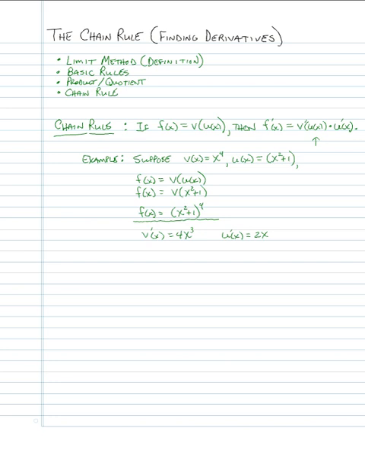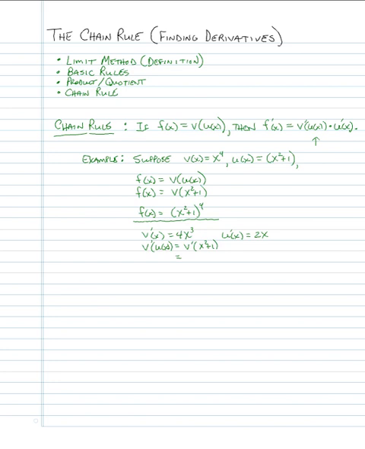Now, we also notice in the chain rule that we've got to calculate v prime evaluated at u of x. So v prime of u of x. Well, u of x, of course, is x squared plus 1. So what we end up doing is we put x squared plus 1 into the function v prime. That means where we see x's in v prime, we replace them with x squared plus 1.